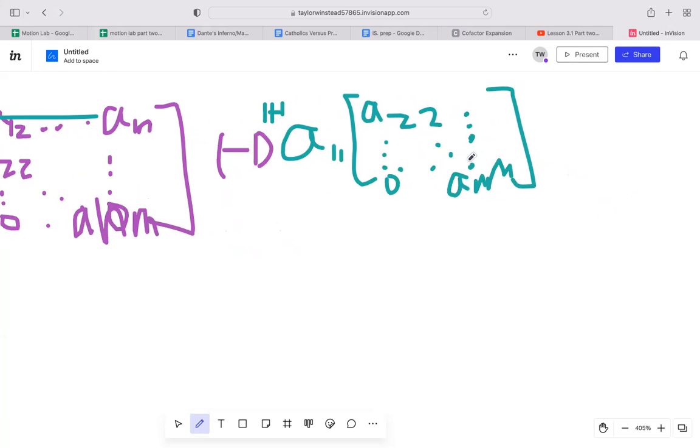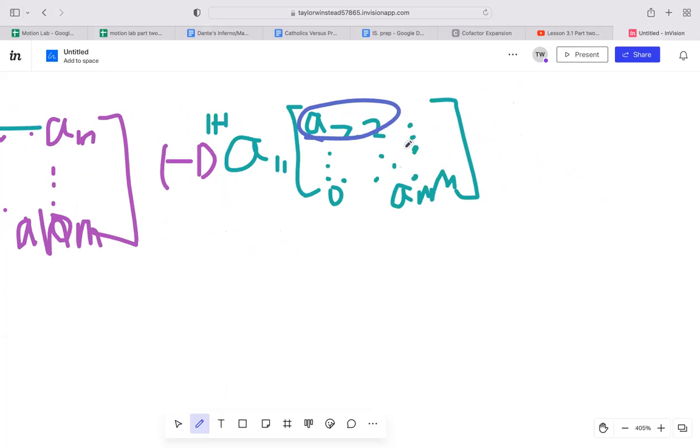And then you would keep doing the same thing. So this time you'd be starting with A22, right? And the idea is that you do this until you get all the way down into a form where the matrix you're left with is a 2 by 2 matrix, right? And that's how you find your determinant, because now you're in the form of a 2 by 2 matrix.